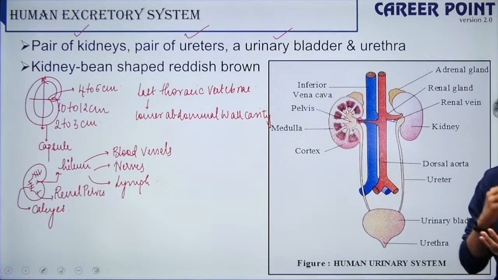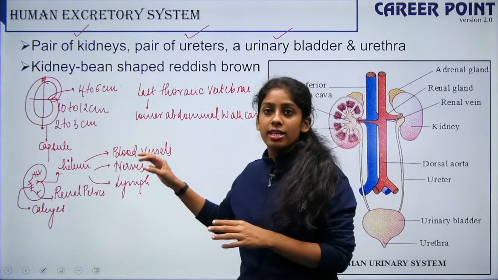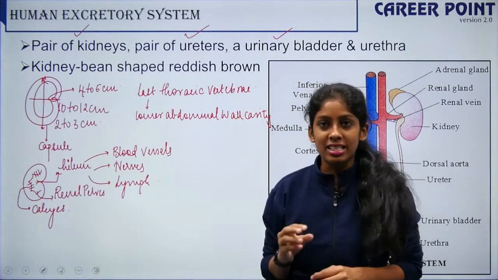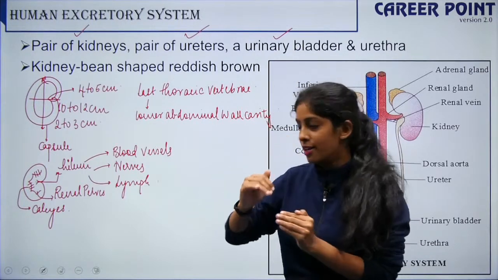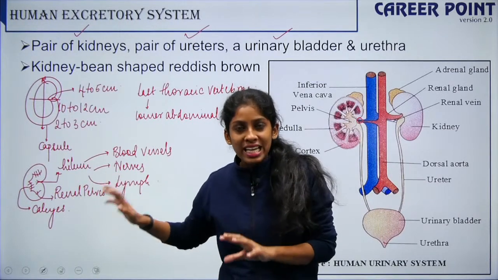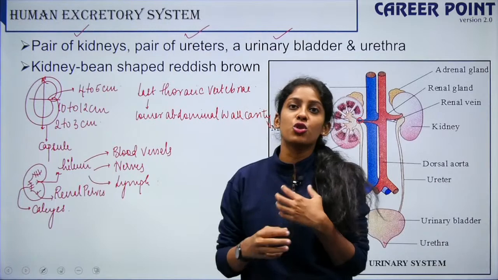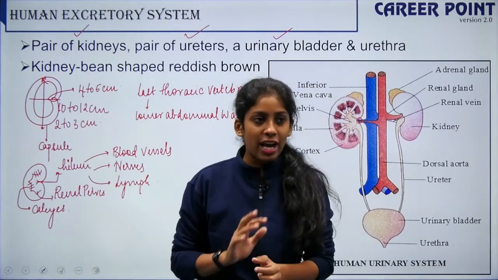On the concave surface of the kidney, you have what is called the hilum, through which the blood vessels, nerves and lymph enter the kidney. Inner to the hilum, you have the funnel-shaped renal pelvis, which has projections known as calyces. So this is the first part of the kidney. Clear? I hope it's clear.